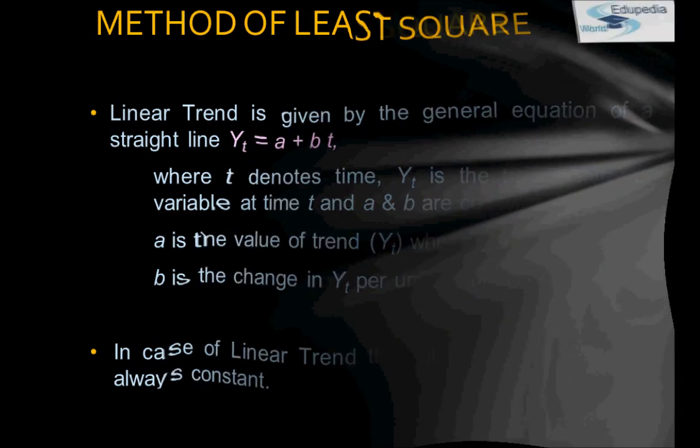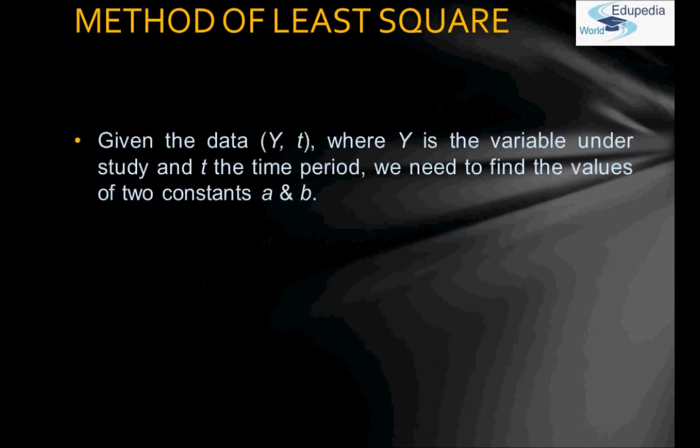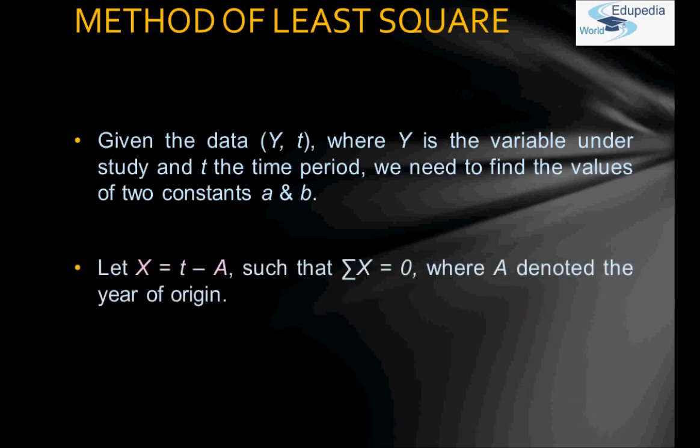Okay, so now let's see how to determine the formula or the method to find the trend using the method of least square. We'll be given the data of the variable y and the time t. What we need to find is the value of the two constants a and b. What we will do is we will assume another variable x. This x is time, and we'll be taking x as t minus a.